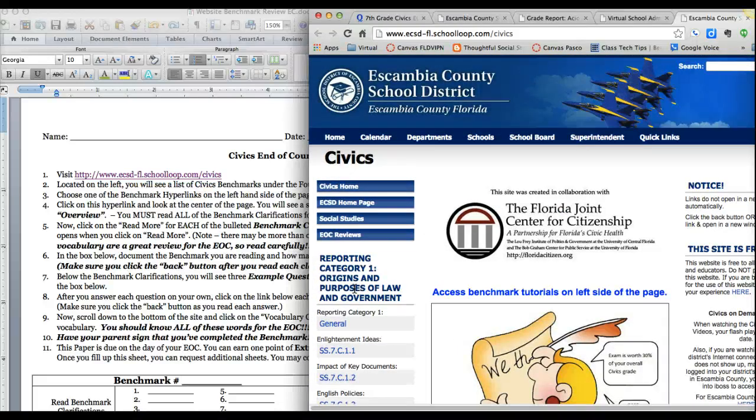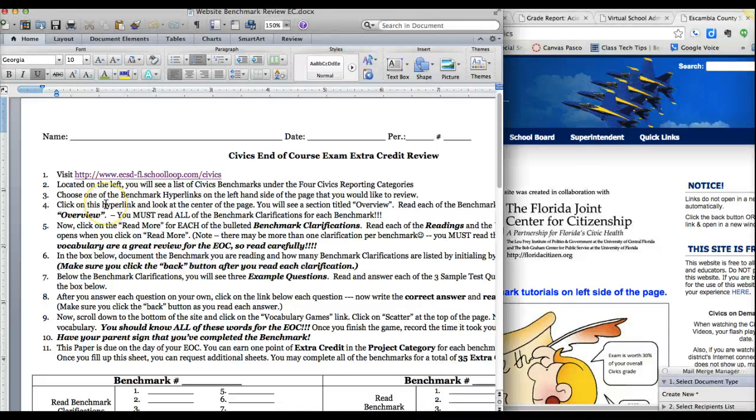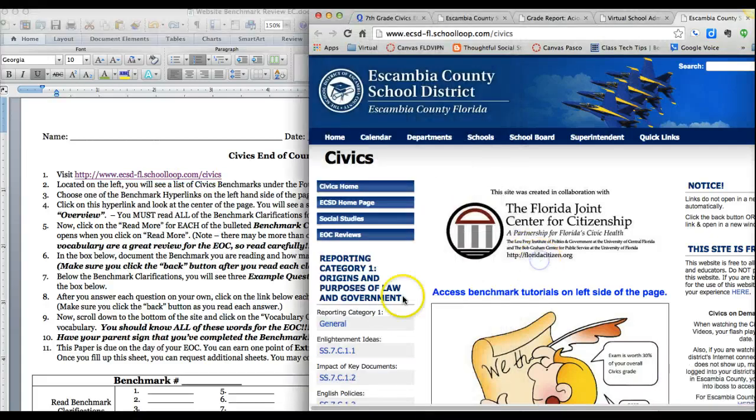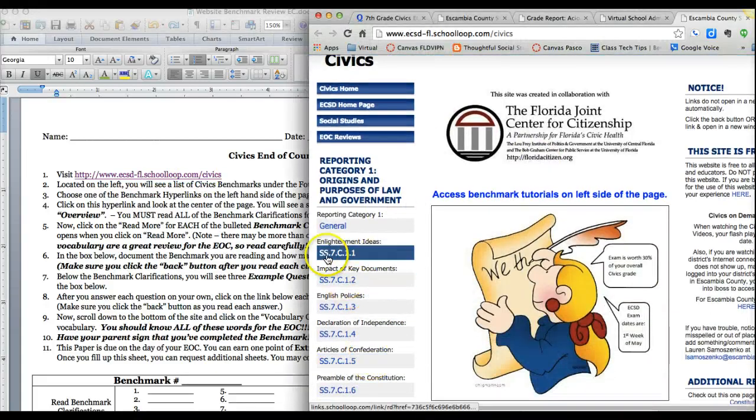To start, you would choose one of the benchmark hyperlinks on the left side of the page that you want to review. That means one of these, the ones that start with SS, that's a benchmark, and you would click on that. You can start in any category you'd like to.